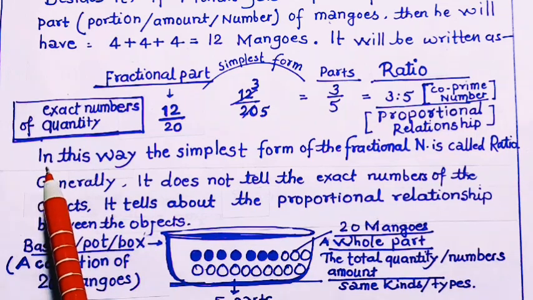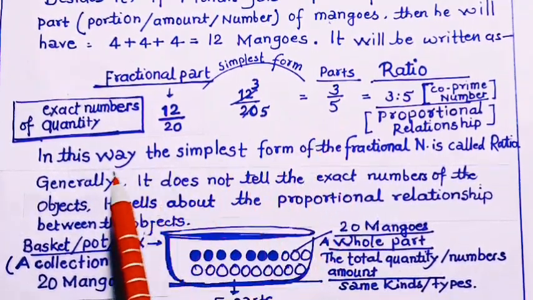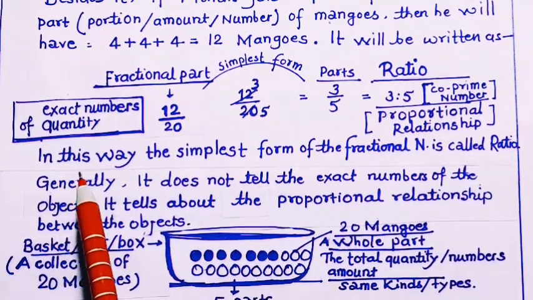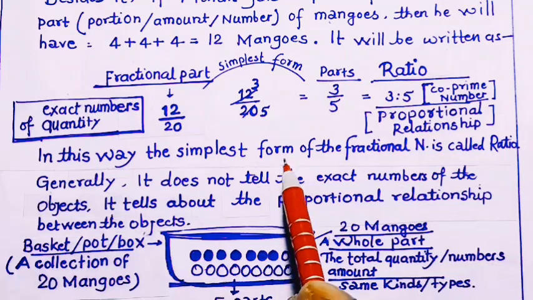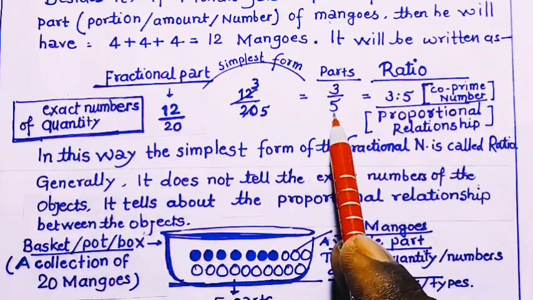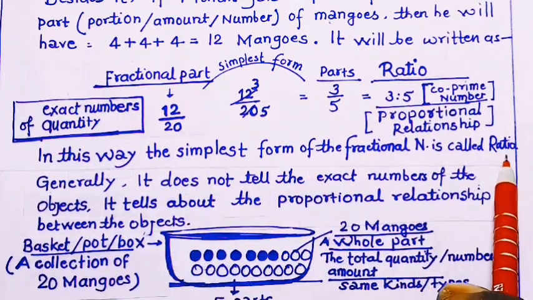The next sentence is written here in this way. It has been described in this way. The simplest form of the fractional number is called ratio.